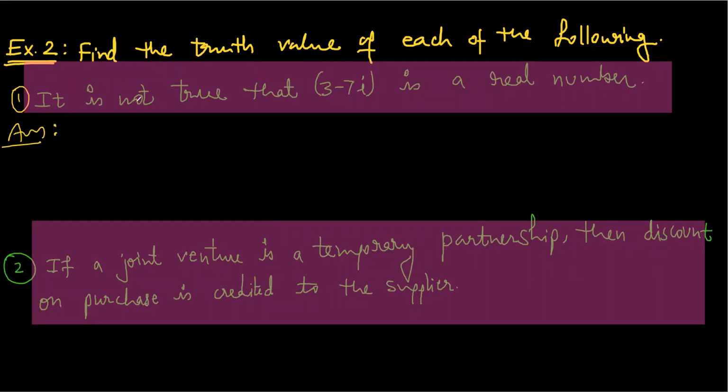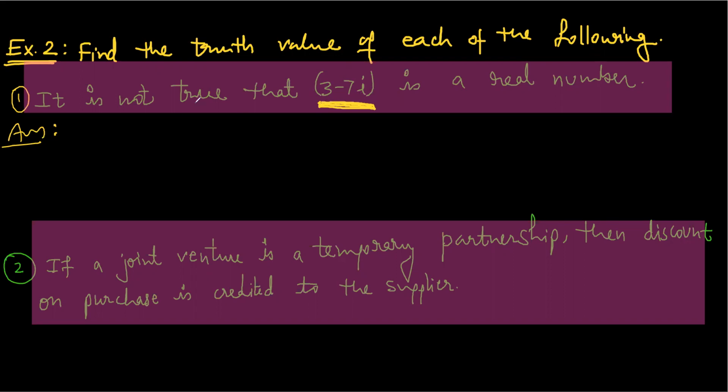The first one is, it is not true that 3 minus 7i is a real number. So students, you can check here, 3 minus 7i is a complex number, as we know.